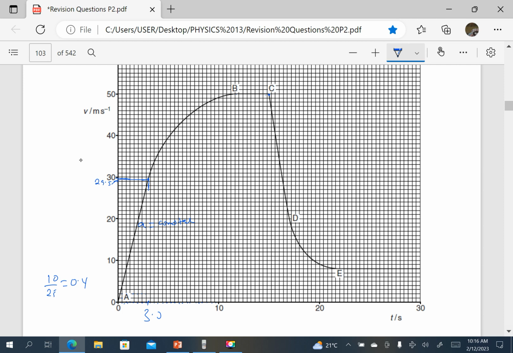And then, when you turn towards E, it again decreases because the gradient decreases. That means the decrease in speed is reducing, so the frictional force is actually decreasing.